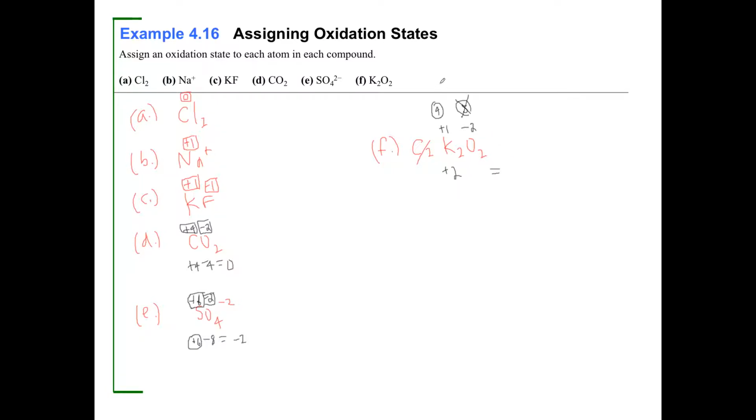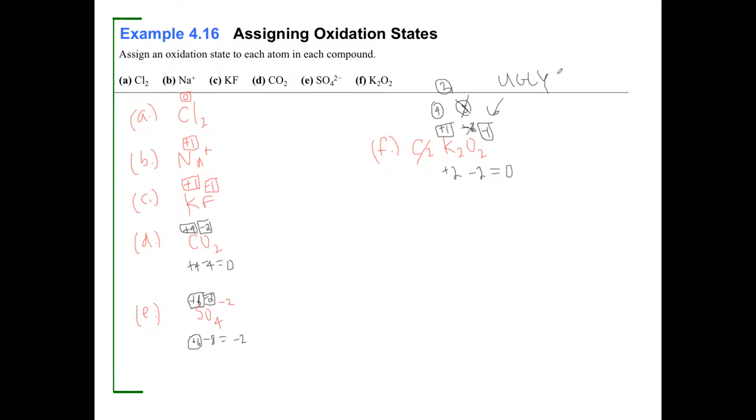And rule number 2 on that table on page 161 says that for neutral compounds, these have to equal 0. So what must this be? This must be -2, and there's 2 of them. So we've got to divide that -2 out over both of them. Looks like the oxidation state for oxygen here is -1. Wow.